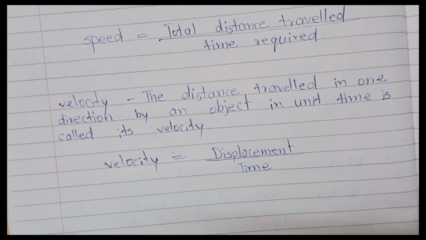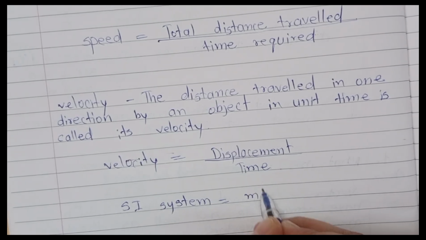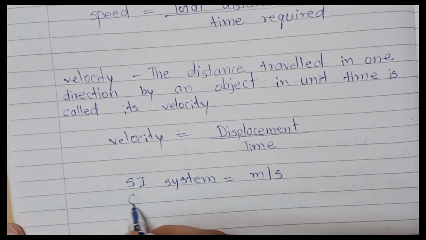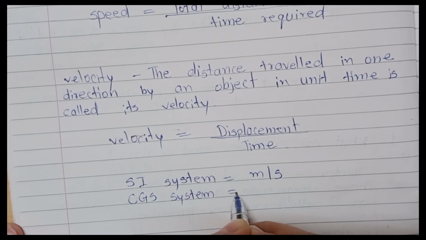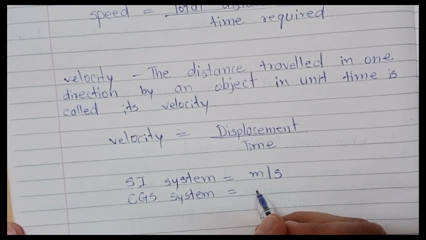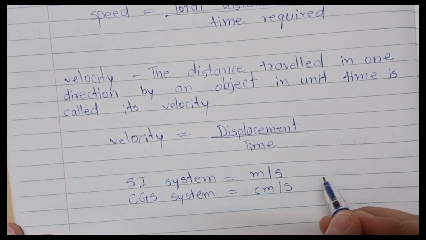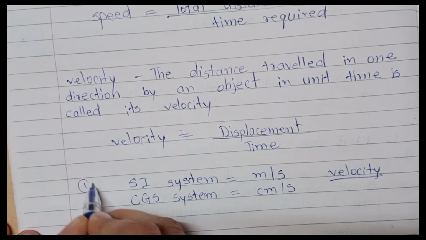In the SI system, the unit is meter per second, and in the CGS system, the unit is centimeter per second. This is the first point.